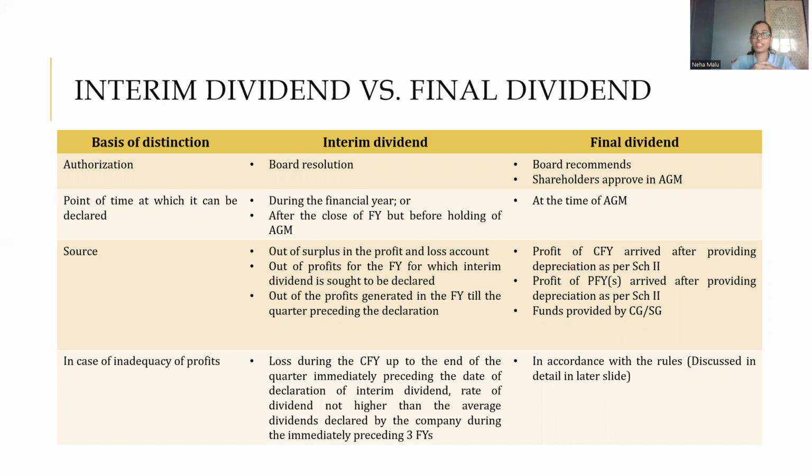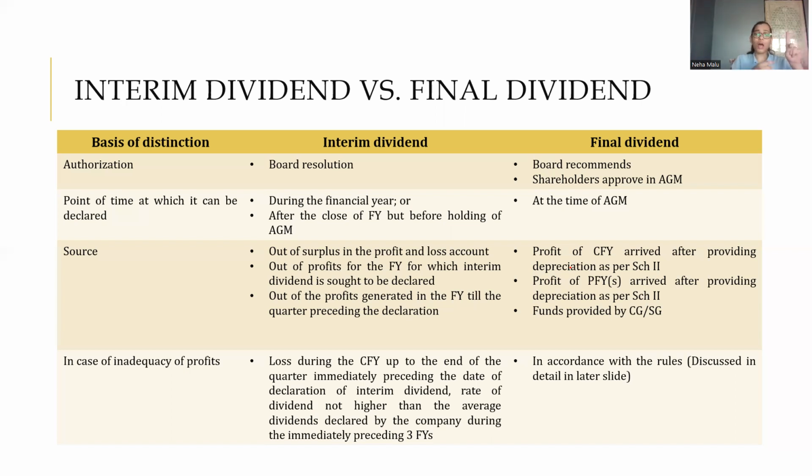So for example, if the AGM of a company is scheduled to be held on say 30th September, then in that case, this interim dividend for the previous year, that is 21-22, can be given before the AGM of the company is held on 30th September. Now, the various sources with which interim dividend can be declared are three.